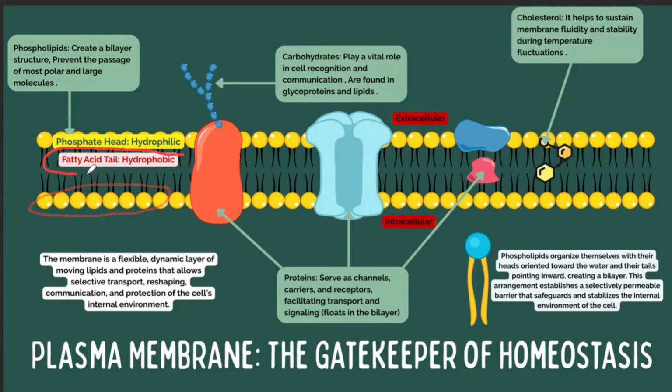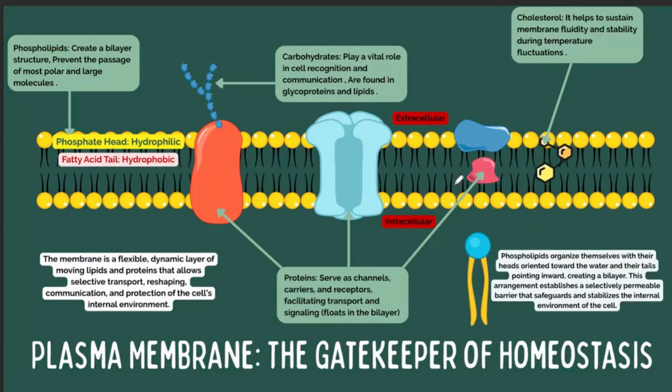Internally, you have the fatty acid tails, so that's these right here, and those are hydrophobic. The phospholipids are organized in this way, where their heads are orientated out on both sides, both extracellular and intracellular, to be facing towards that water.